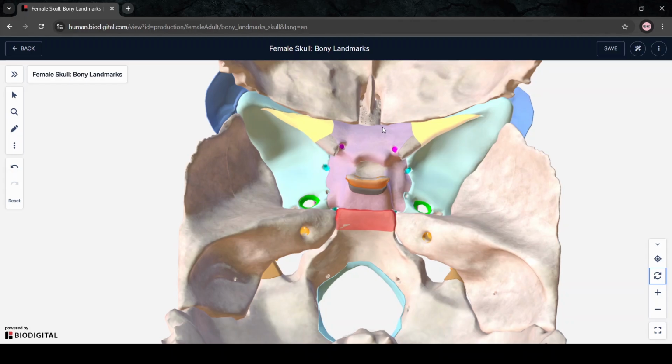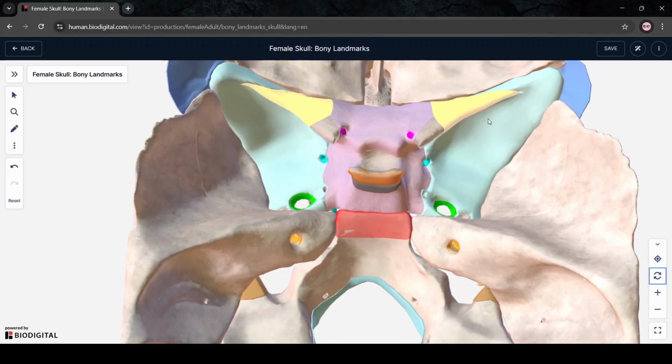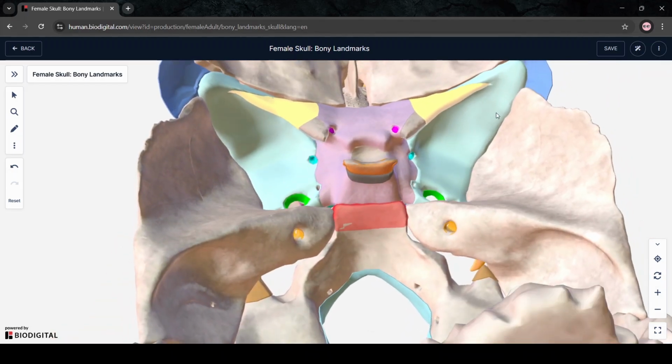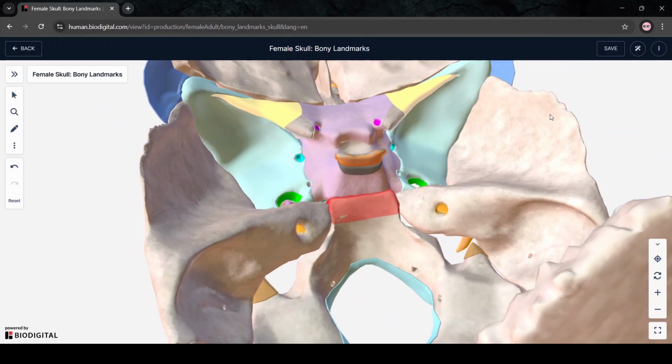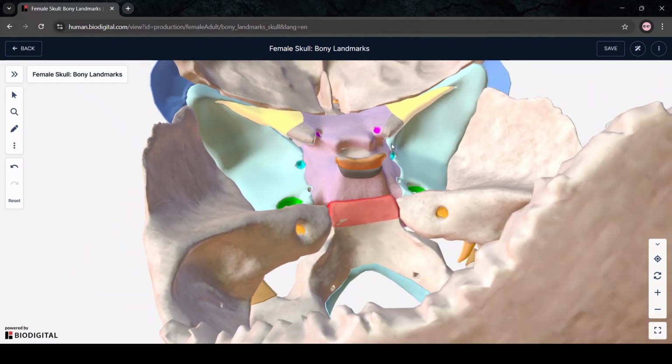So there are four foramina that perforate only the roots of the greater wings of the sphenoid. These include the superior orbital fissure. The superior orbital fissure is right here.